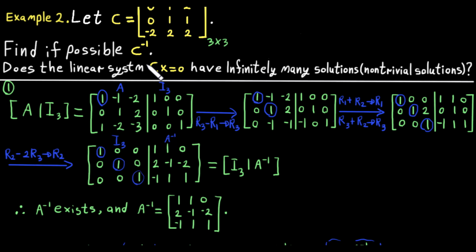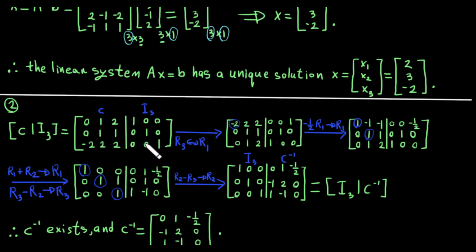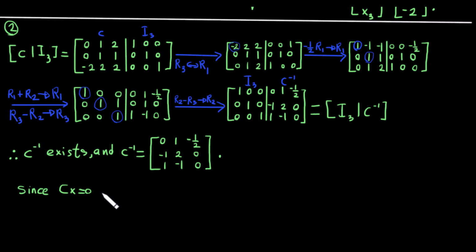So C inverse multiplied by Cx, and on the other side C inverse multiplied by 0. C inverse multiplied by C, we know that it's equal to identity.